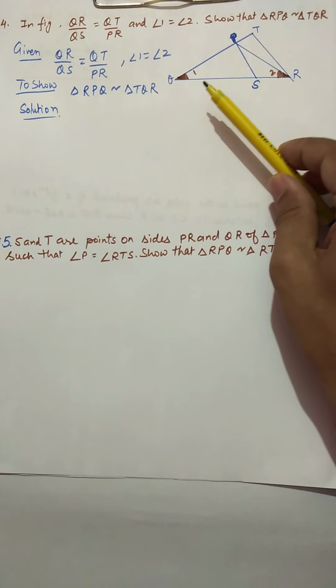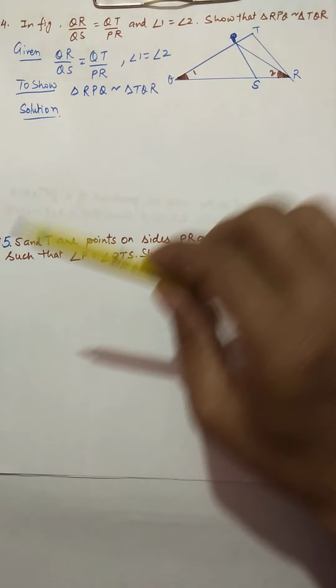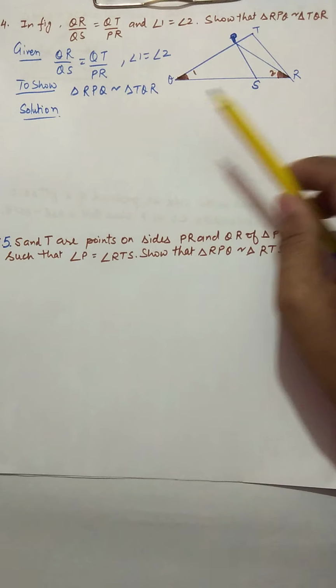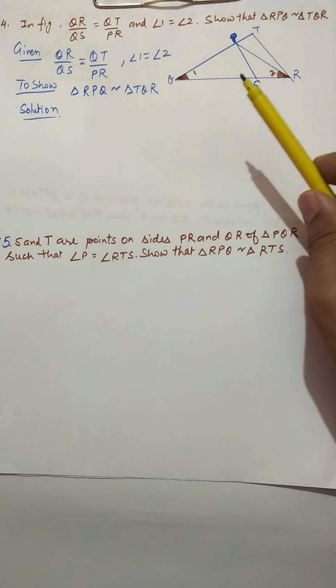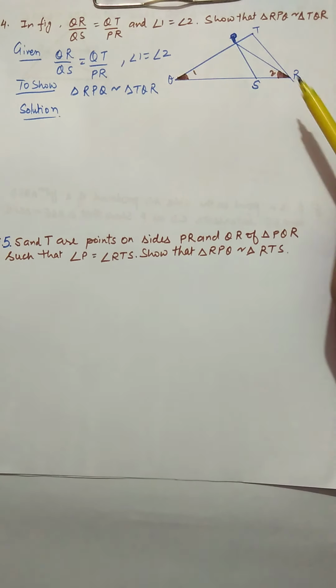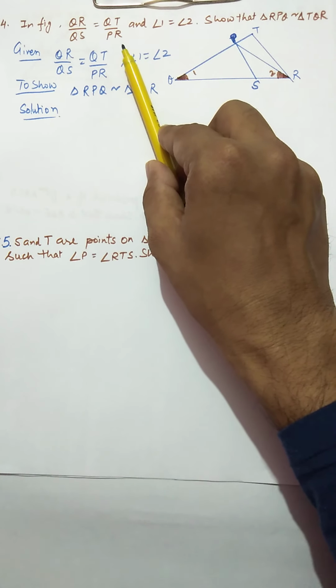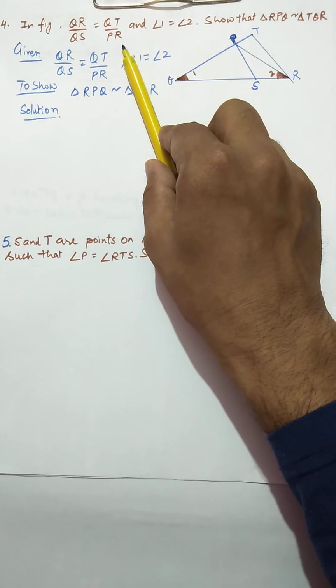See, this angle 1 and angle 2 are equal, given. So if two angles are equal, then their opposite sides are also equal. So you can get PR equal to PQ, and this PR will be replaced by this PQ.